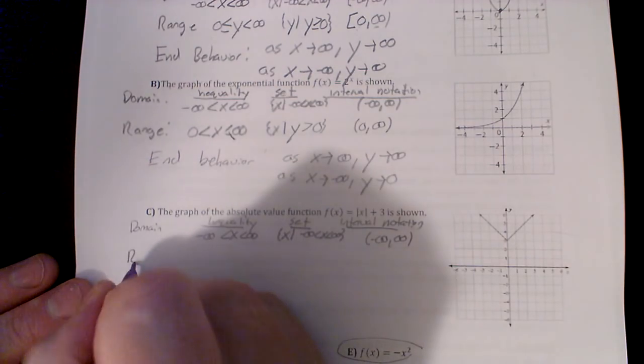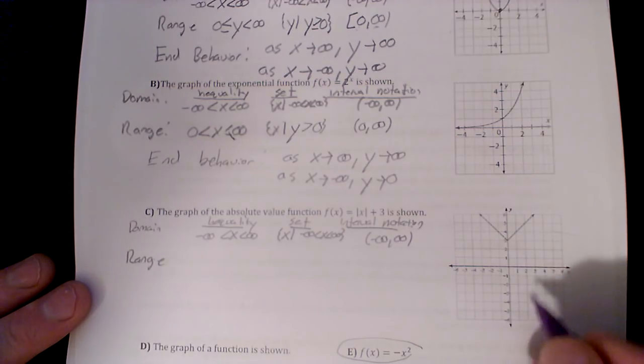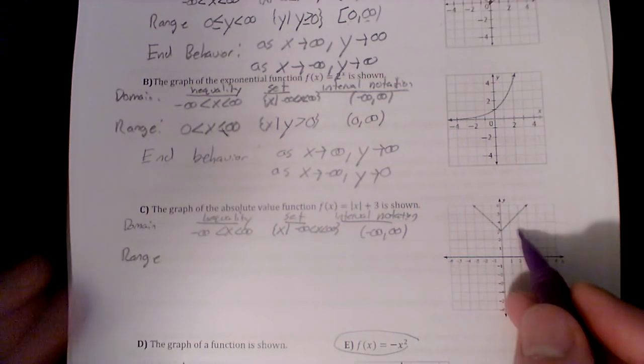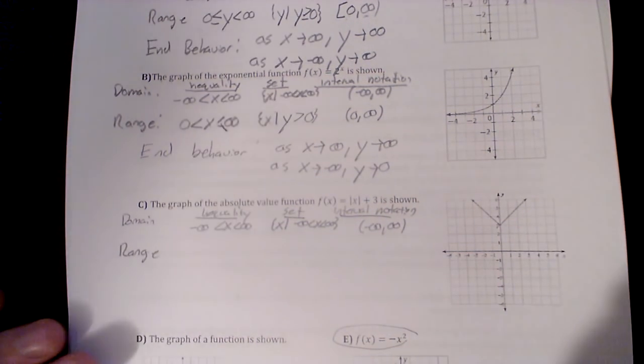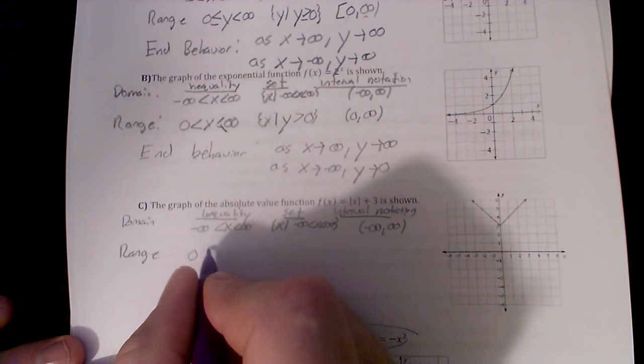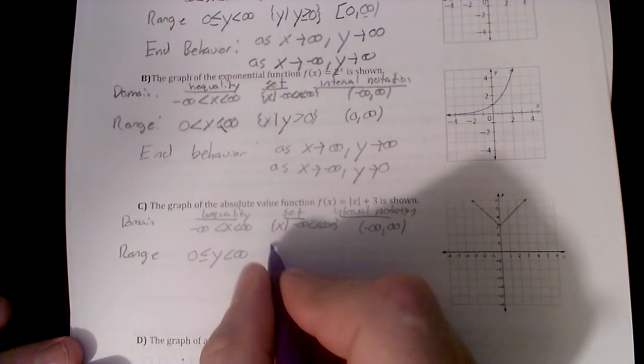Let's go ahead and do range. All right, we've got our range coming here. So range is y values. Doesn't matter how far left. How far down is 0. We touch 0. It looks like it goes up forever. Doesn't matter which side I'm going up forever. So I would say 0, and we touch it, so we're going to say less than or equal to y, less than infinity.